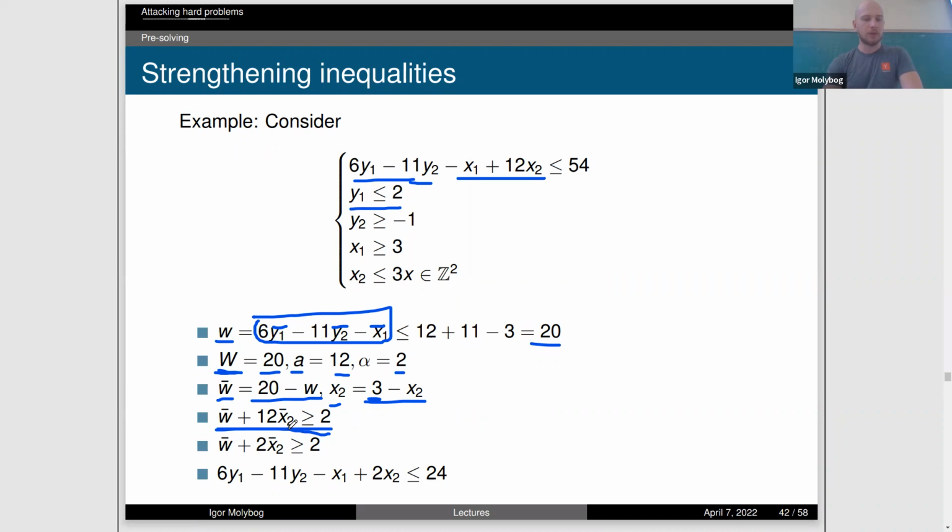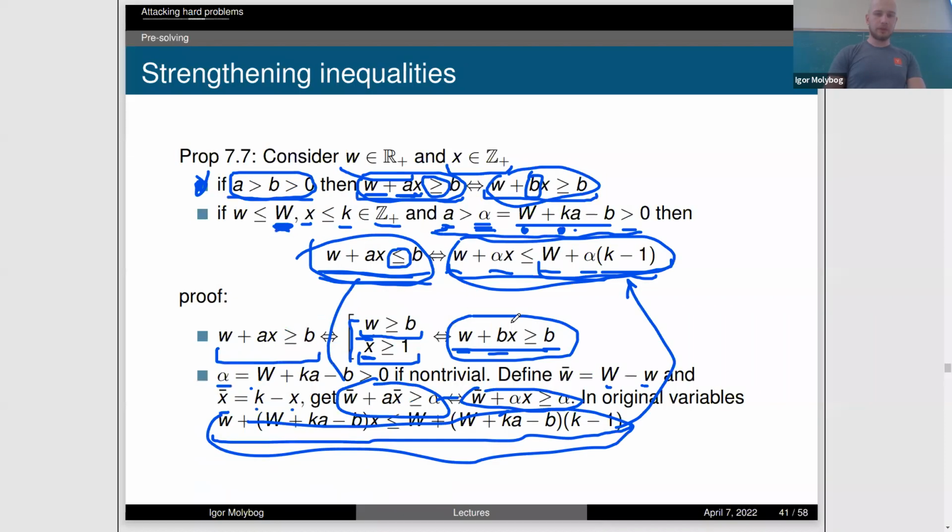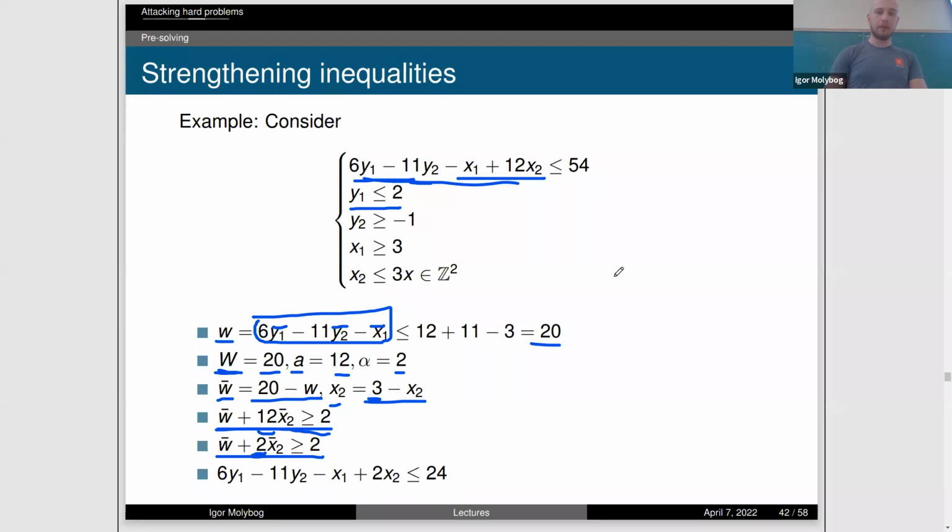And that is equivalent to the original expression, first of all, and also it is equivalent to the expression saying that W bar plus 2x2 bar is greater than or equal to 2. So instead of this 12, now we can put down 2, just because of this entire statement.